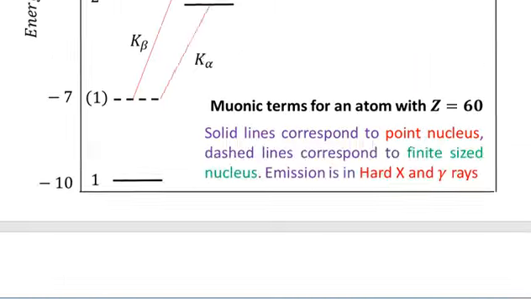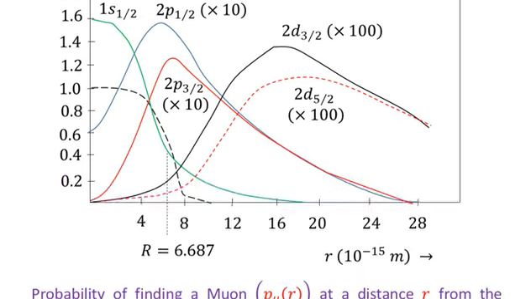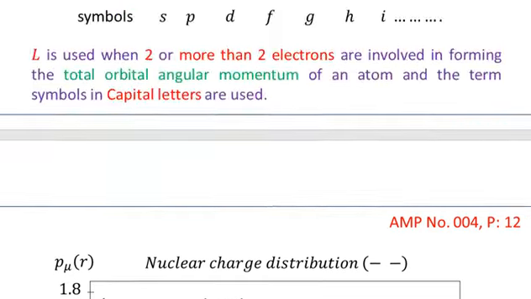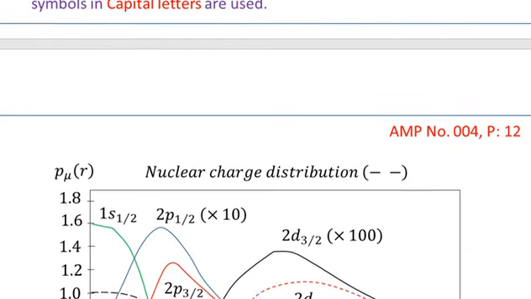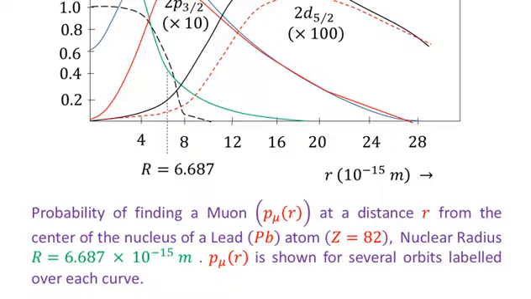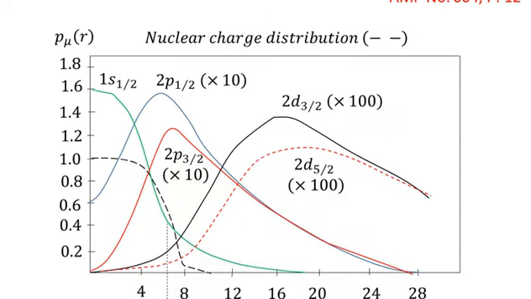I have discussed muonic atoms in much greater detail because, as said, they are very useful for the study of nuclear structure, that is, the charge distributions around the nucleus, and other parameters.